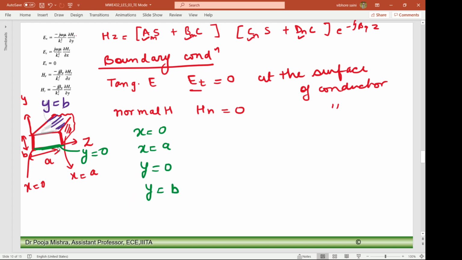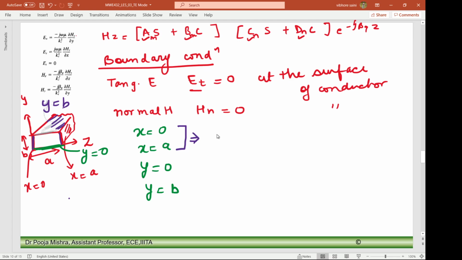So what will happen here? At x is equal to 0 and x is equal to a, what will happen? First see by yourself, I am giving you some time. The x is equal to 0 surface and x is equal to a surface. What will happen?